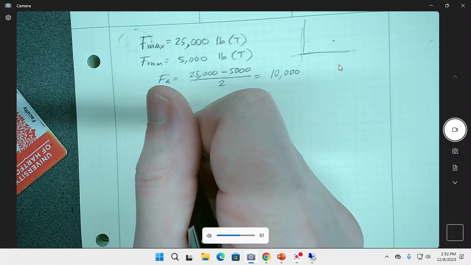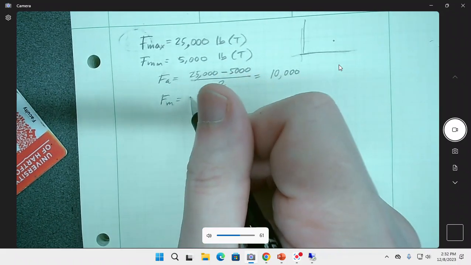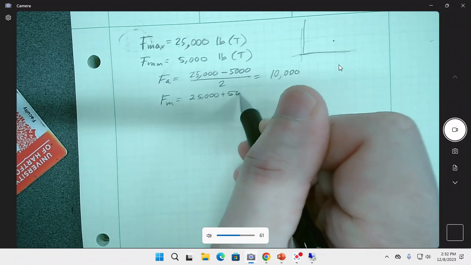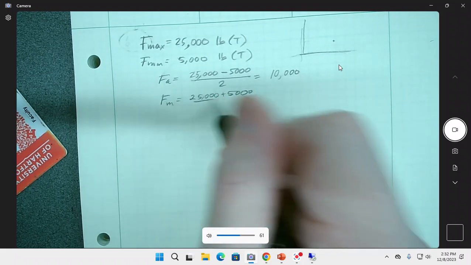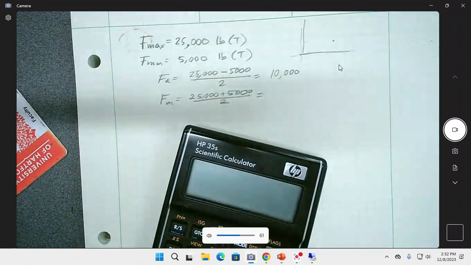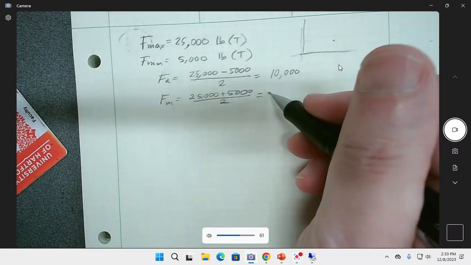Pounds. And then the mid-range is now going to be 25,000 plus 5,000 over 2, and so that'd be 15,000. Is that right? I still don't like it. Yeah, because 30 divided, yeah, so 15,000.